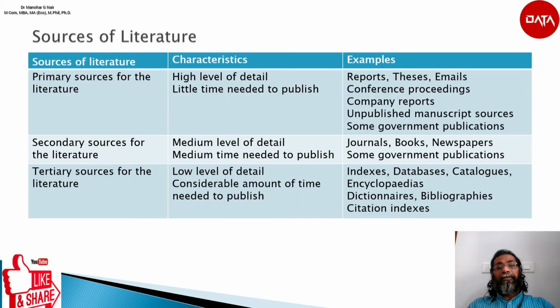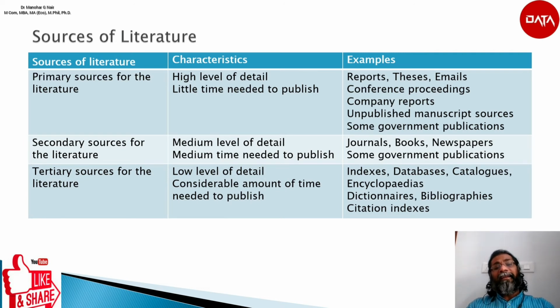There are many sources of literature. Primarily, there are primary sources of literature as well as secondary sources of literature, and there are tertiary sources of literature too. The characteristics of primary sources of material: it is high level in detail. For example, reports, thesis, email, conference proceedings, company reports, unpublished manuscript sources, some government publications, etc. are examples of primary sources of literature.